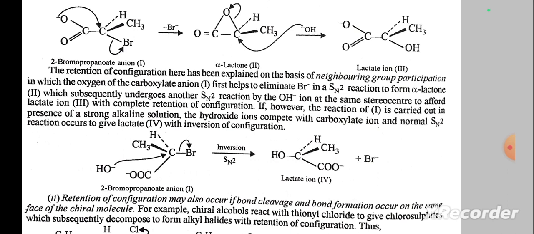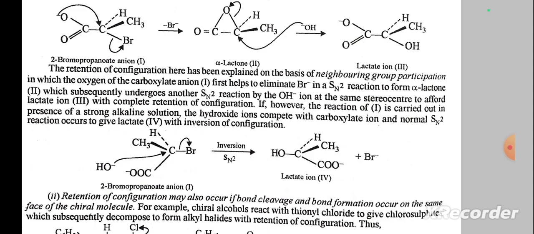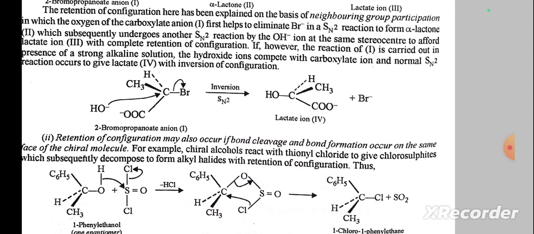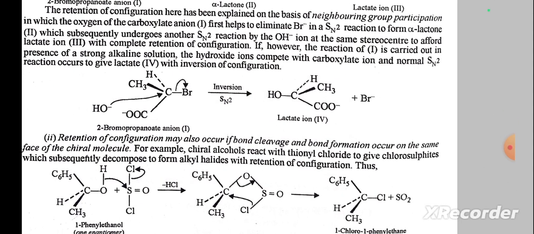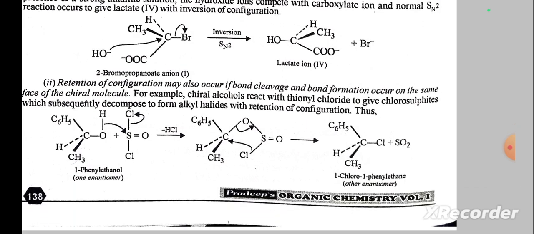If the reaction is carried out in the presence of strong alkali, the hydroxide ion competes with the carboxylate anion and a normal SN2 reaction occurs to give the lactate with inversion of configuration.